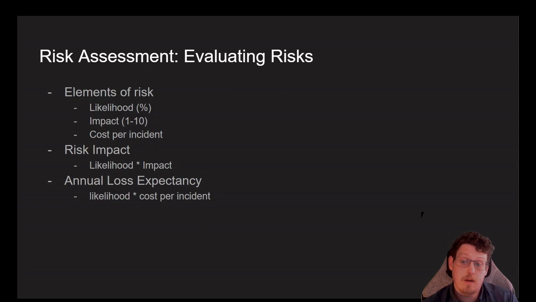We can then work out how much we're expected to lose if we multiply the cost per incident by the likelihood. The likelihood is for a year, so over the course of a year, we can find out how much financially the organisation stands to lose.